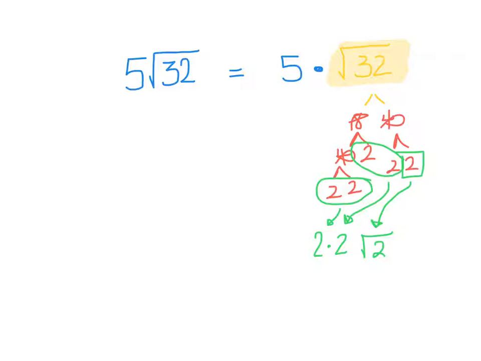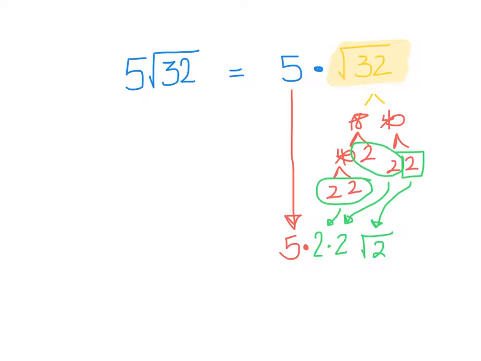But what about that 5? What about this 5 right here? What are we going to do with that 5? Well, that 5 has to go right here on the outside. So we're going to take that 5 and bring it down to multiply by the whole numbers that are already there. Multiply the pairs by what's already there.